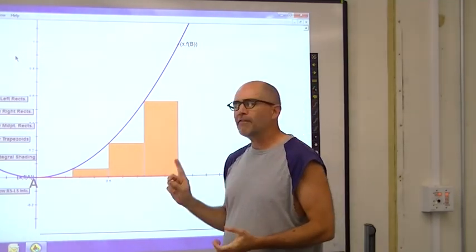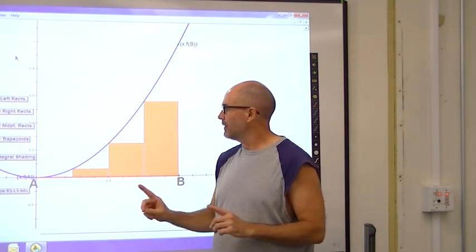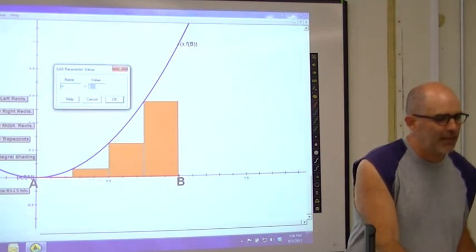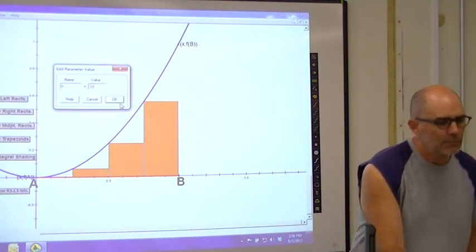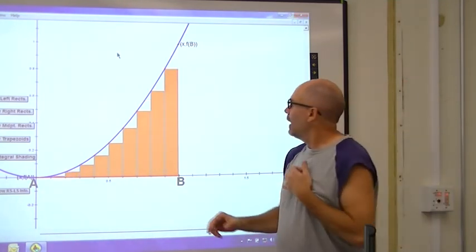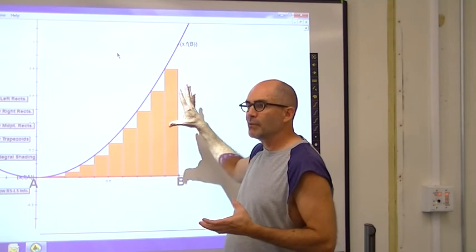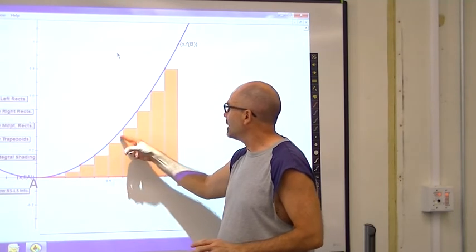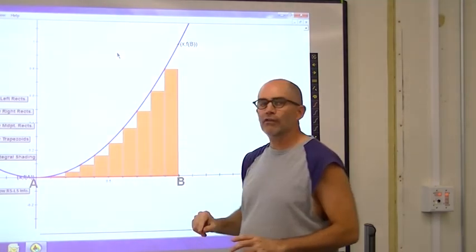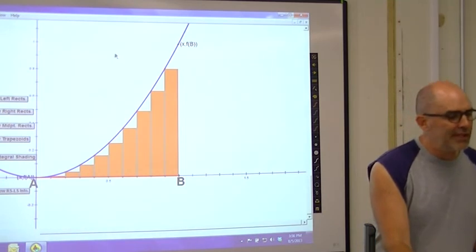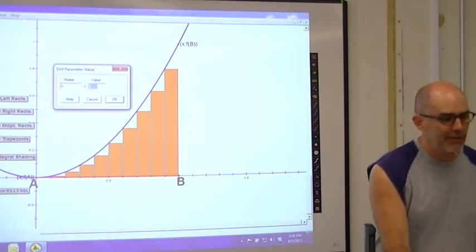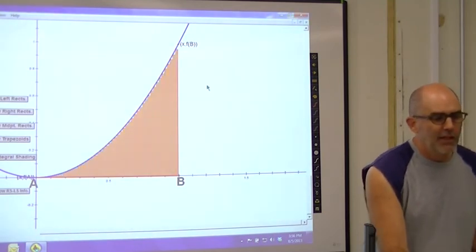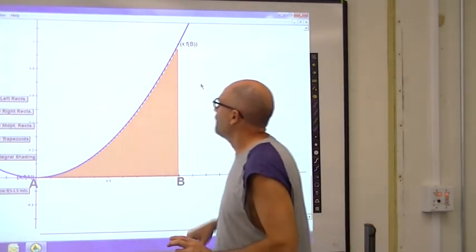Now, what if I use more rectangles than just 4? Like, let's say I use 10 rectangles. What's that going to look like? Obviously, using 10 rectangles, we have a better quality estimate. It's not as much error under the curve. What if we use 50 rectangles? So our error has gone way down with 50 rectangles.